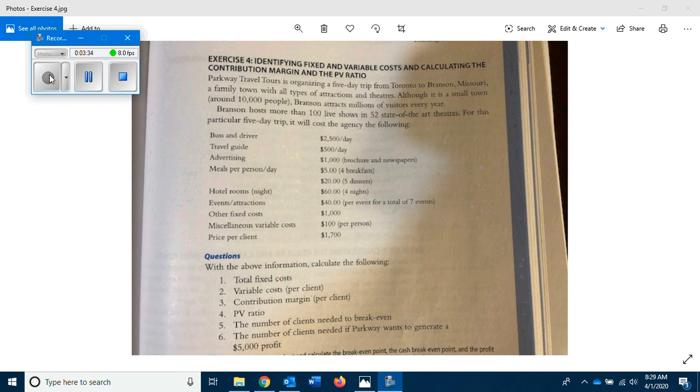So it's sales minus variable cost gives you contribution margin. So in order to figure what percentage the contribution margin is, it is the contribution margin per client divided by price per client.